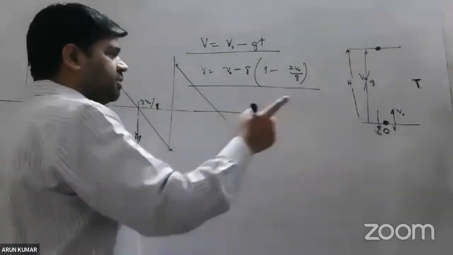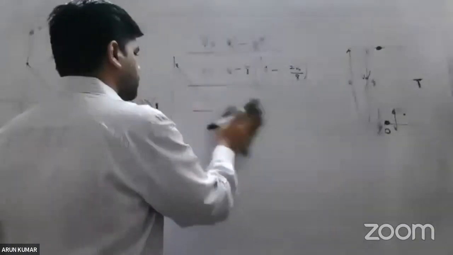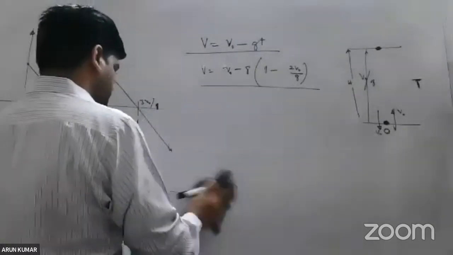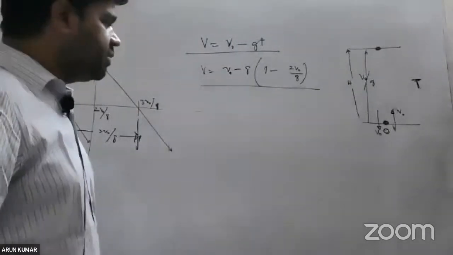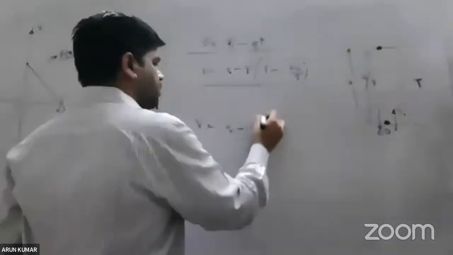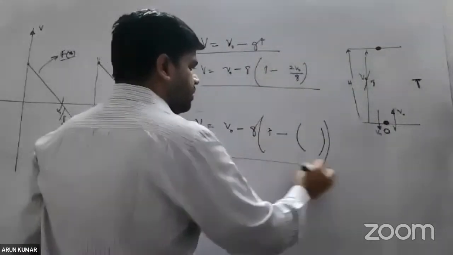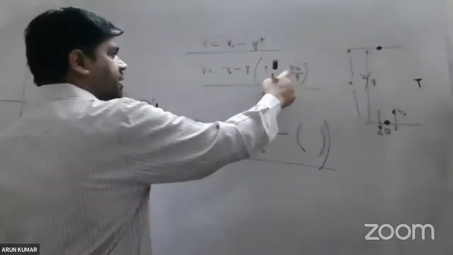If I want to write after nth bounce, how will I write it? After first bounce, this is the case. After nth bounce, what will it be? If n is equal to 1, I should get this.